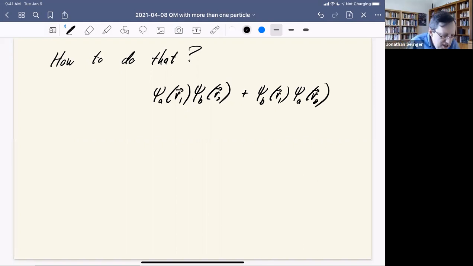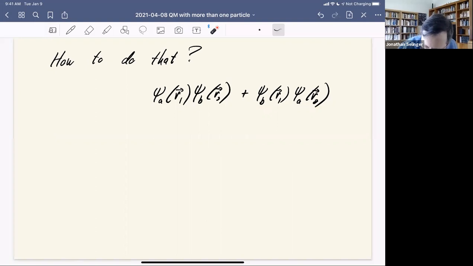This is a linear combination of two separable states. The first half says number 1 is in A, number 2 is in B. The second half says number 1 is in B, number 2 is in A. If you add those together, that makes a combined state.